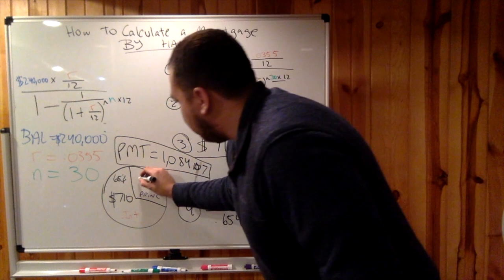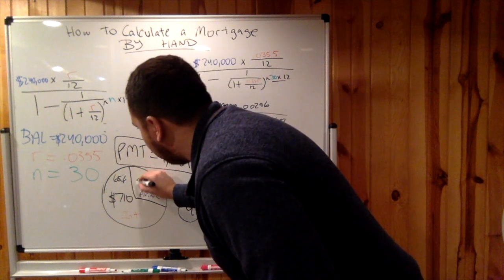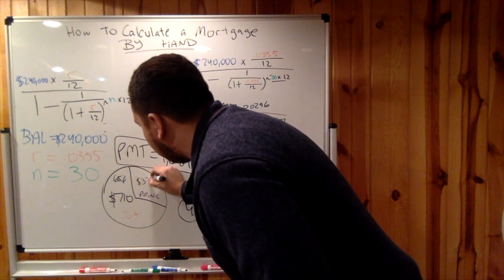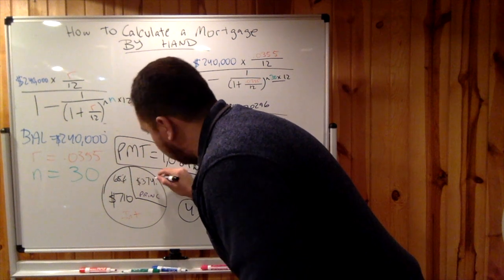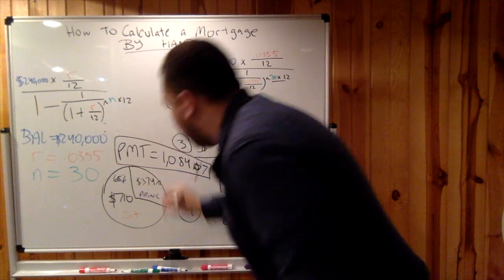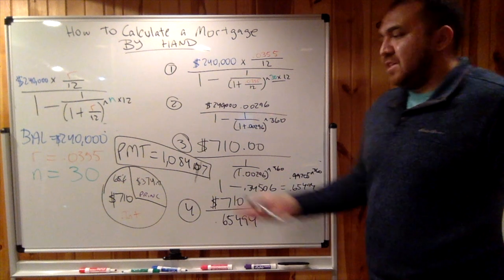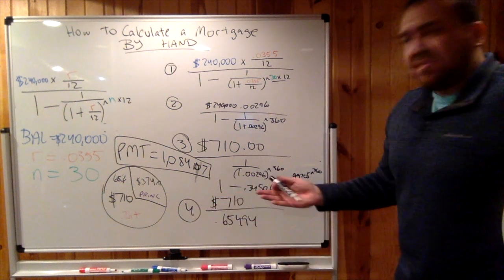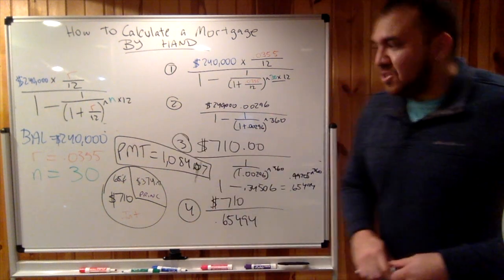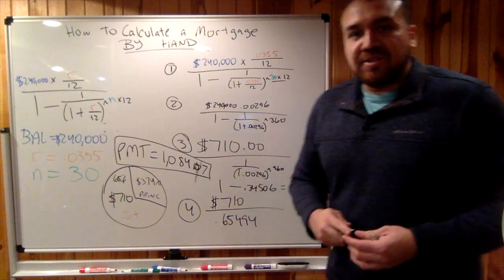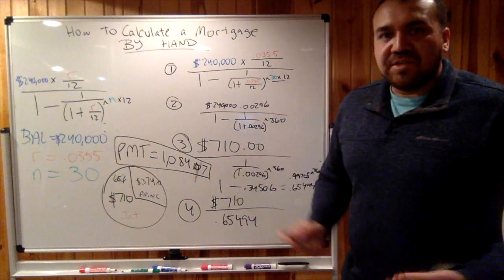So $374 is the actual principal, and the principal is what actually goes down to paying the loan balance. The interest is what goes towards the bank. So that's the cost of borrowing, the interest, money you don't see.